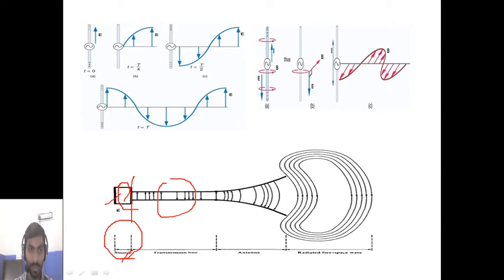This is your source, and then this is your conductor or antenna. Here this is your electric field, and then your magnetic field will be in this direction. Dots are going to represent that it is projected outside, and crosses, intus, mean that it is going inside. Okay, so here your electromagnetic field is going to be in this form.